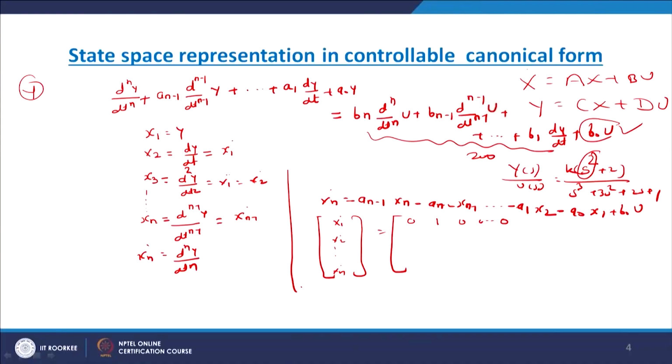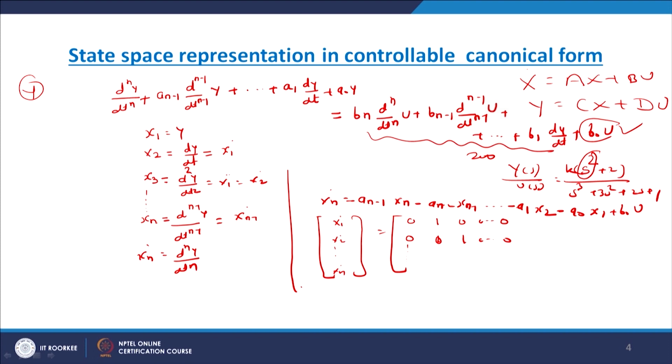Now, x1 dot we have written. Now we come to x2 dot. What is x2 dot? x2 dot equals x3, so we write 0 0 1 0 0 like this, and this process is repeated, and now we come to xn dot. Here xn dot equals minus a0 x1, minus a1 x2, like this, up to minus a of n minus 1 xn.